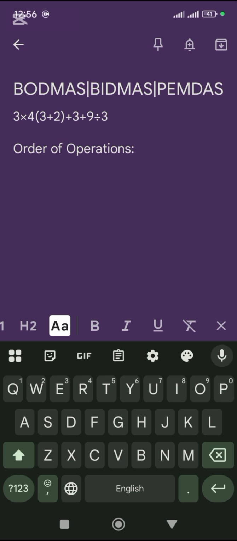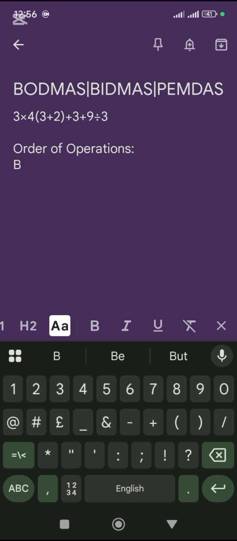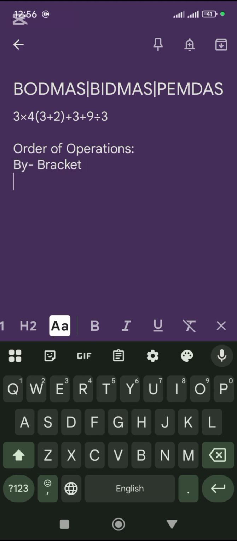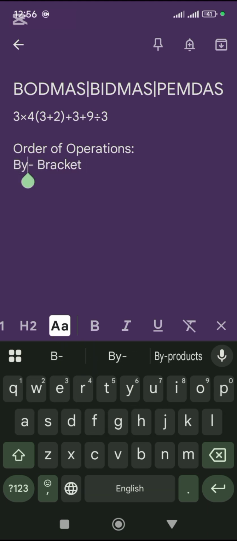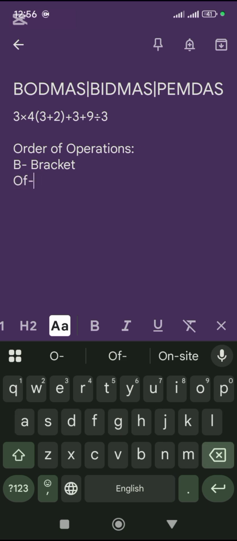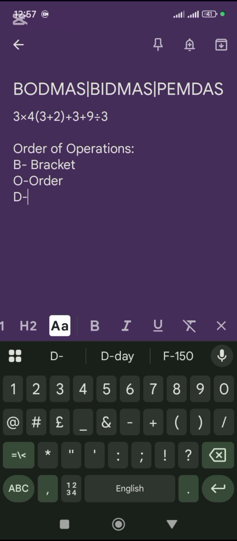I'm going to be explaining this. B in BODMAS stands for brackets. O stands for order. D stands for divide or division.